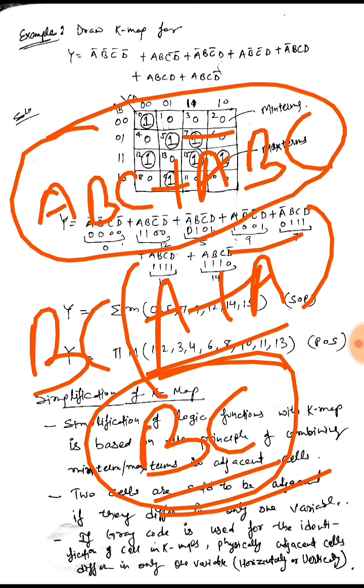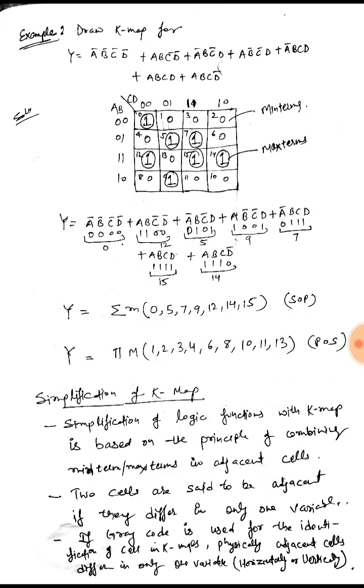This work that we were doing using algebraic simplification, the K-map will do automatically, because two adjacent cells in the K-map differ in only one variable, that is, one variable would change from 0 to 1 or 1 to 0, and the rest of the variables would remain the same.